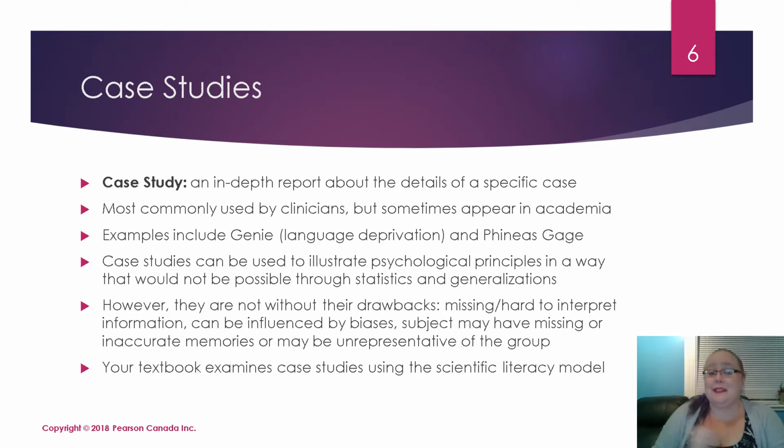Another really famous example, and I think I mentioned him in chapter 1, is Phineas Gage. He was the railway worker who had an iron rod blasted right through basically his eye socket, right up through his brain. The rod was found quite a distance away, so it made a clean cut. And he survived miraculously. This was years and years ago, but his personality was fundamentally altered.